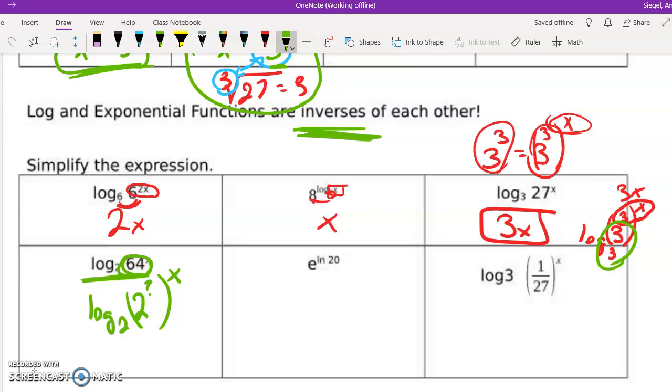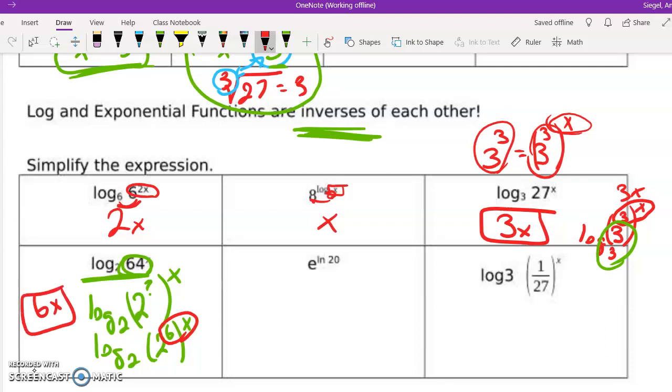That's going to be 6. So I have log base 2 of 2 to the 6th power, I'm sorry, raised to the exponent of x. Don't forget, when you raise a power to a power, you multiply them together. So our answer is going to be 6x.